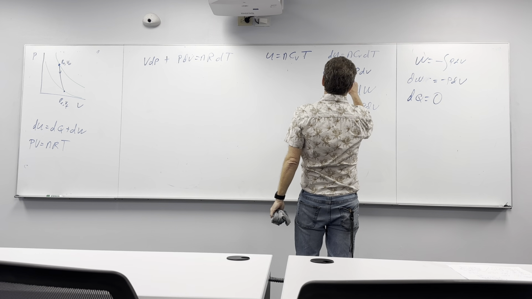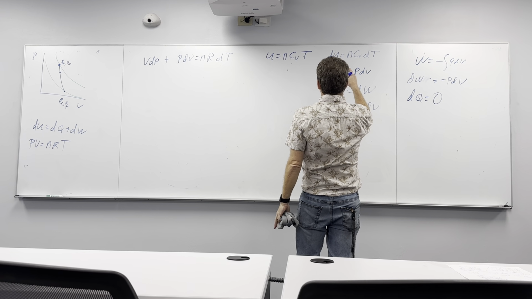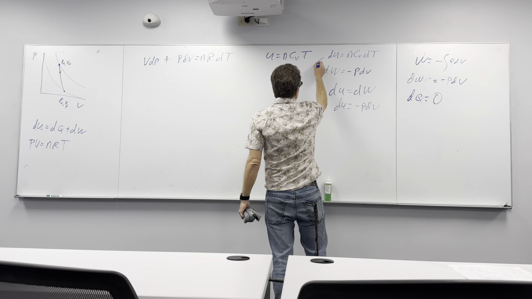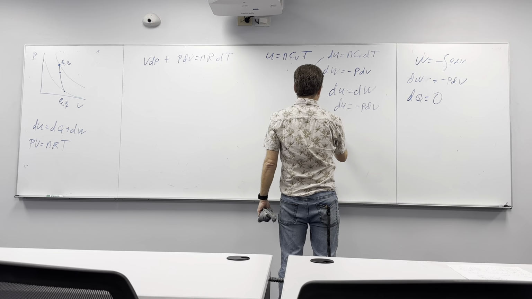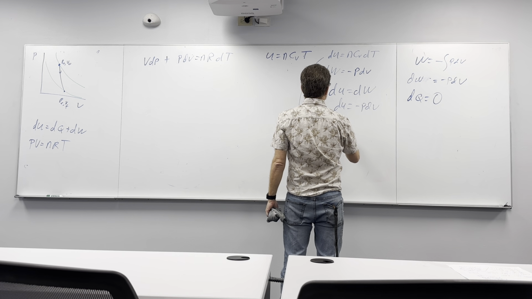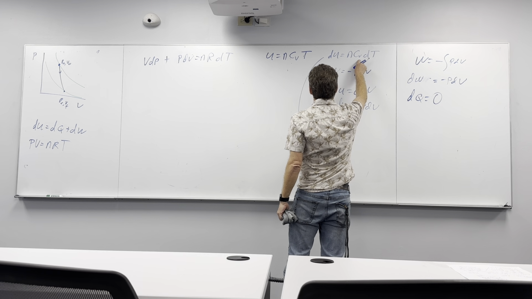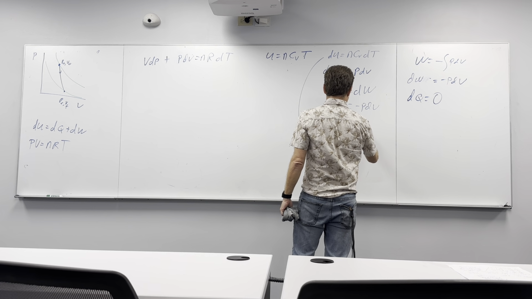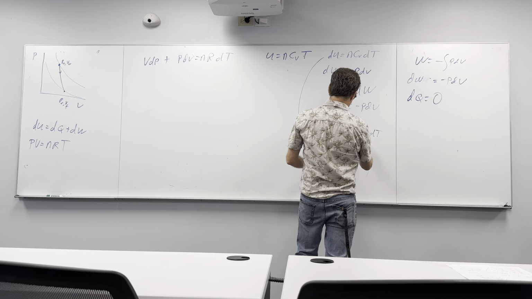So I just need to get rid of a CV and put in an R. I mean, you could write it in terms of R, but let's do it this way. So we're going to go down here. I'm going to write dU times R equals nR CV dT. I just multiply both sides by R, right?